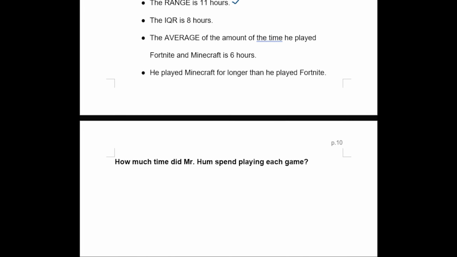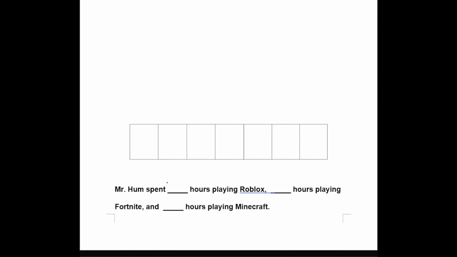The minimum is 2. To find a number that's 11 bigger than that, we just add 11, and we get 13 hours is the max, okay? And because the max is one of my missing numbers, we can say x1 equals 13 hours, and that's the amount of time I played Roblox. So we can already fill that out right here, 13, okay?